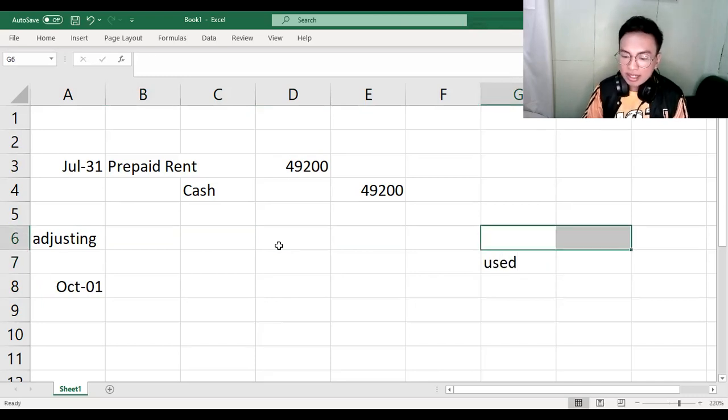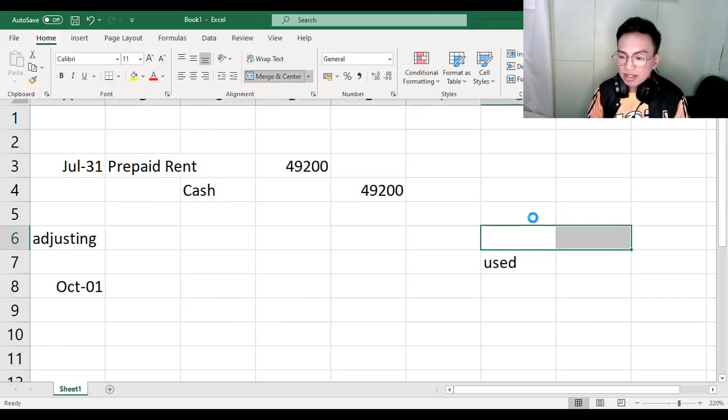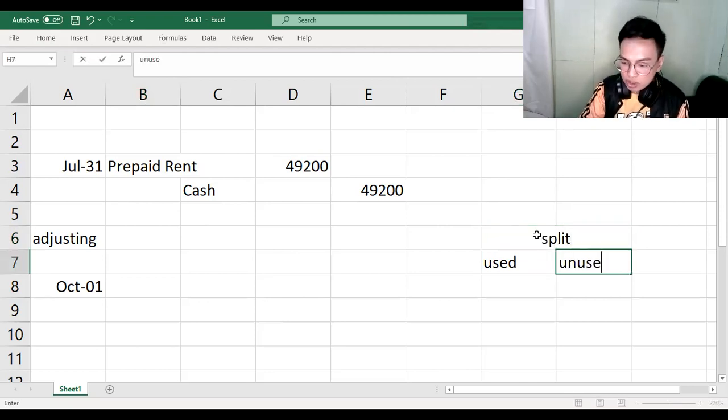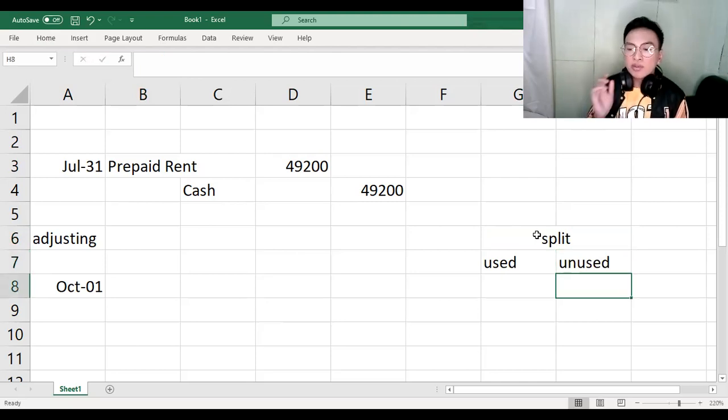Ito yung tawagin natin, split. I-split natin siya sa portion na used at sa unused. Bakit ulit? The used portion will now become expense. The unused portion will remain a prepaid rent or an asset.